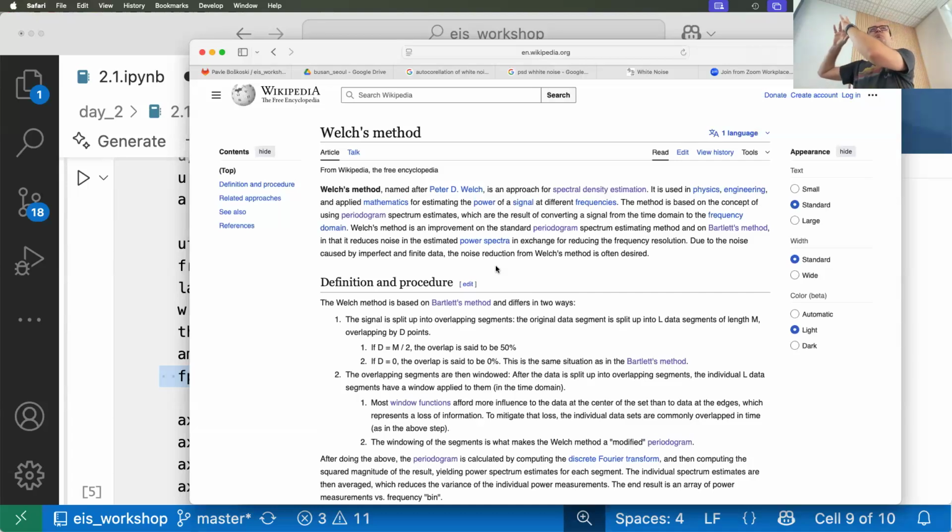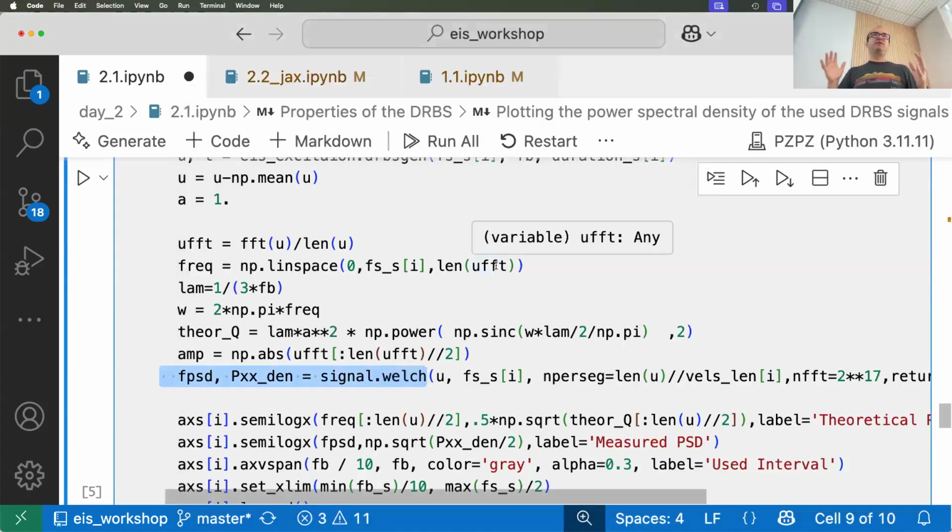It is a numerical method to estimate power spectral density. It is a topic in itself. All of this was invented in Bell Labs in the 60s, in the 20th century, and it's still one of the most commonly used algorithms. You can find it in any textbook. Go and look at it if you want.